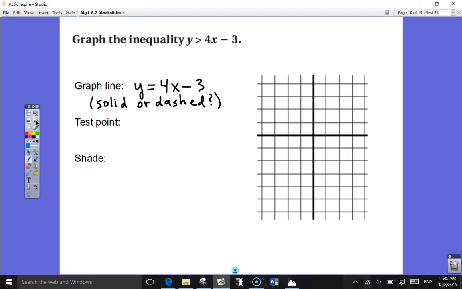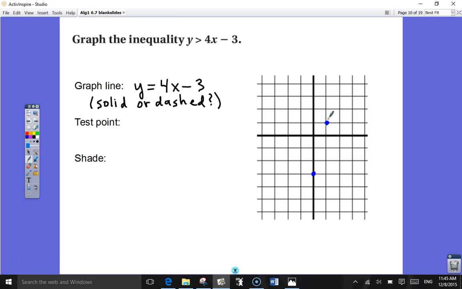That's why we practice graphing slope-intercept form, although we could do it in other forms, right? So how do I graph this line? What's the first point? The y-intercept is negative 3, and then how do I use 4 to find another point on the line? Up 4, right 1. Okay.